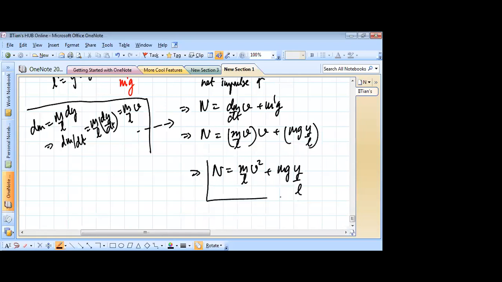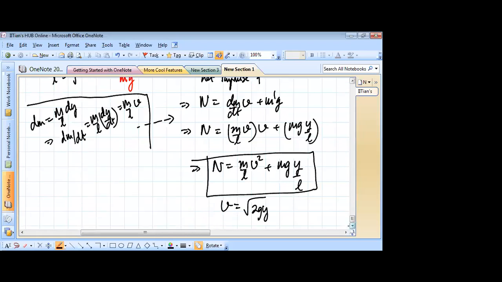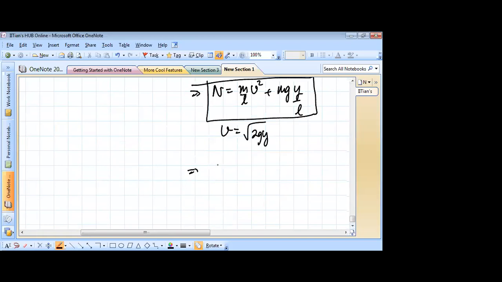And further, you know, v as a function of y is root 2 g y. So that's why your normal reaction's instantaneous value is 3 mg y by L. Okay.